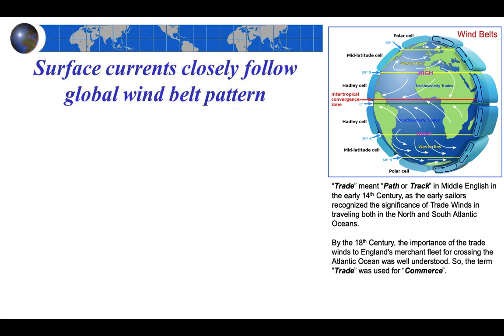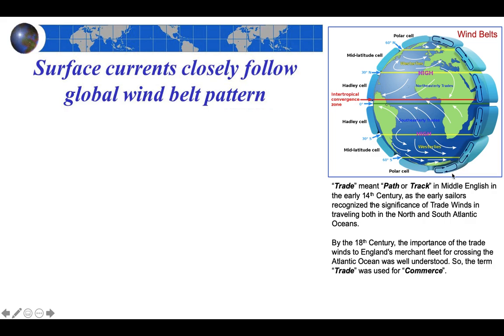So they had a very good understanding of these wind patterns and their effect on the ocean current systems. So by the 18th century, because of this significant trade put together by the British fleet, the trade was also meant in English commerce.